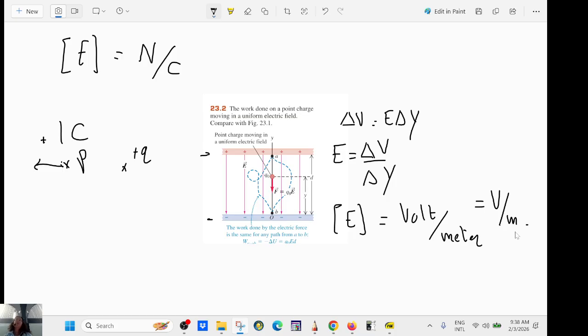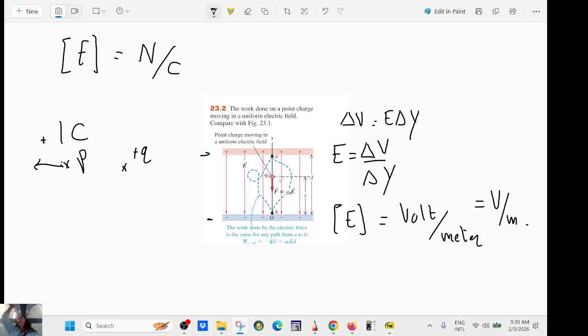So just reviewing what we did last time. If now you have the positive charge here and you let go, it's going to accelerate down. So all the potential energy is going to turn into kinetic energy. The electric field is doing positive work because it will make it go faster.